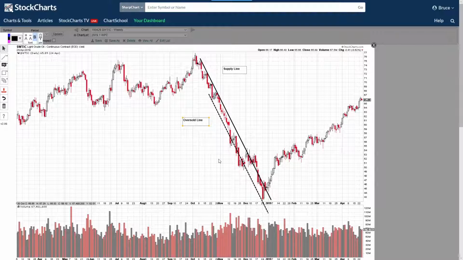And notice how the attempts to throw under the channel and become oversold are turned back into the channel. Attempts to become oversold turn back into the channel, and it is able to go sideways. There's no lift in this market at all. It just goes sideways and goes above the supply line temporarily and then turns back down.